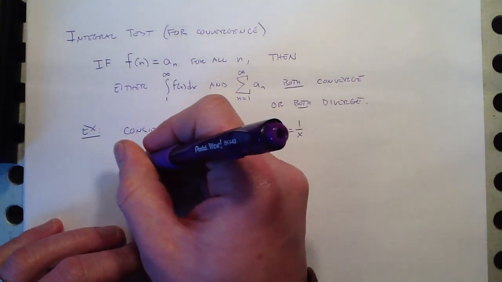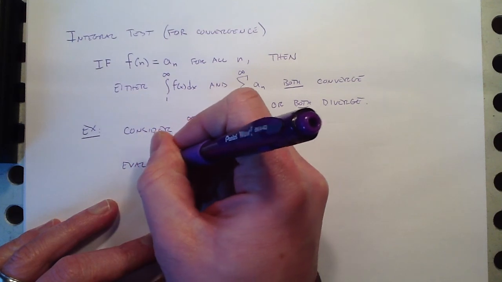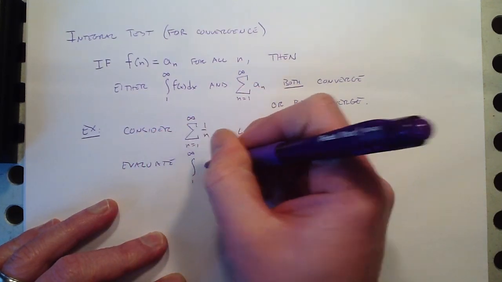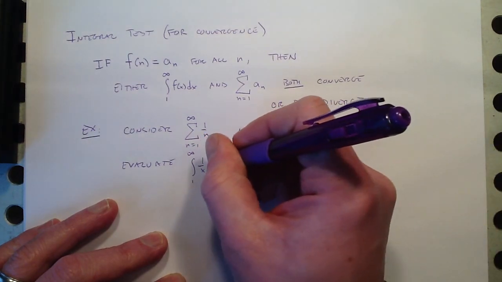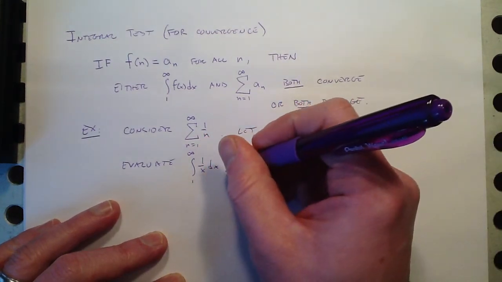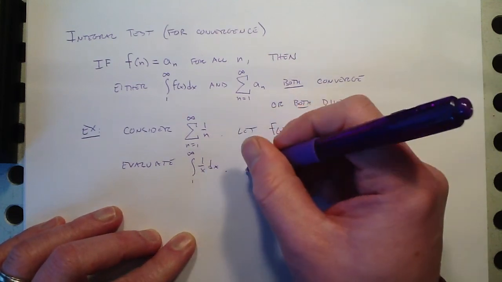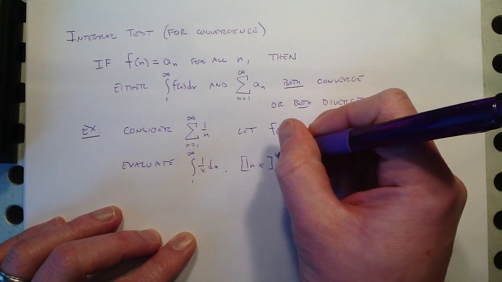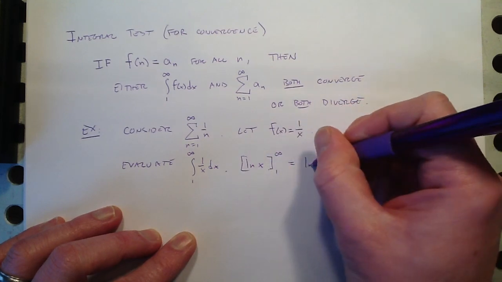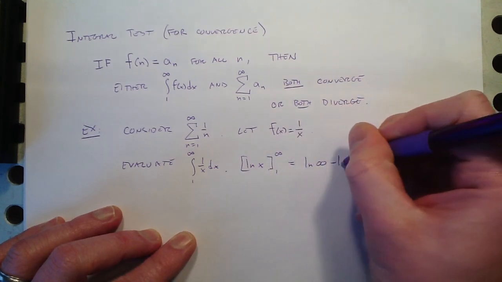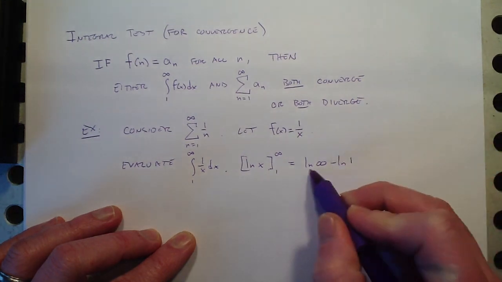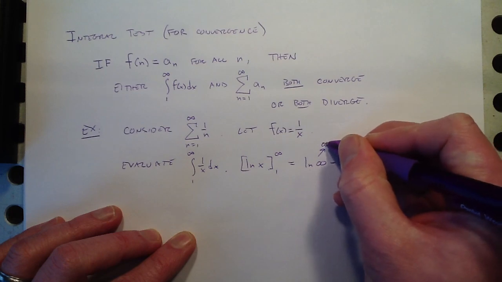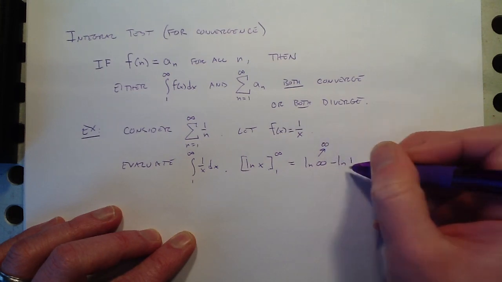So we're going to evaluate the integral from 1 to infinity of 1 over x dx. The antiderivative of 1 over x is natural log x from 1 to infinity. That's equal to the natural log of infinity minus the natural log of 1. And natural log infinity, that's going to infinity, albeit slowly, minus 0.